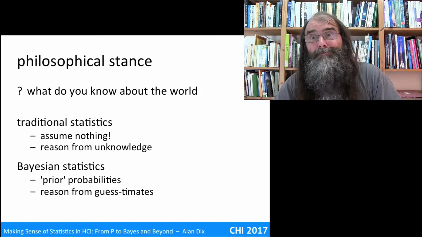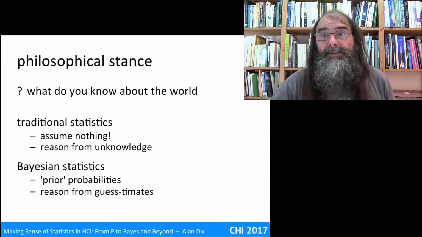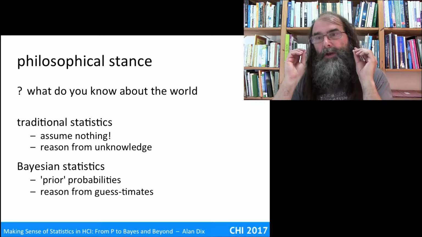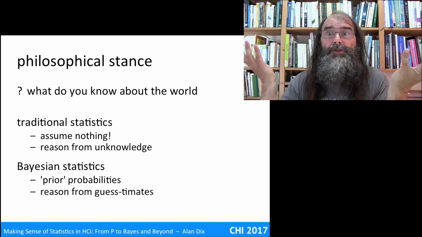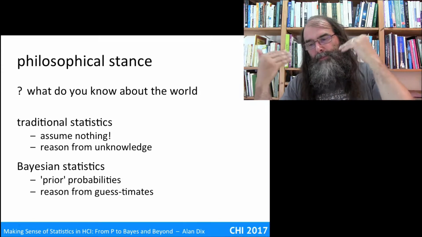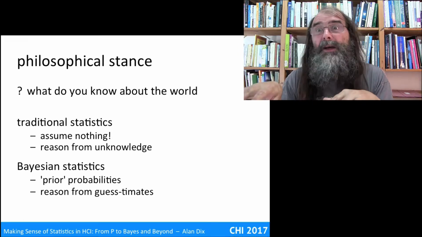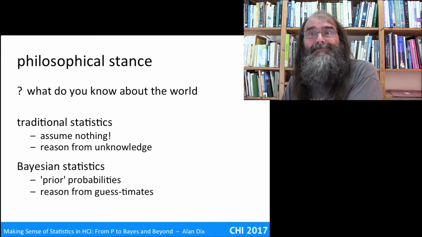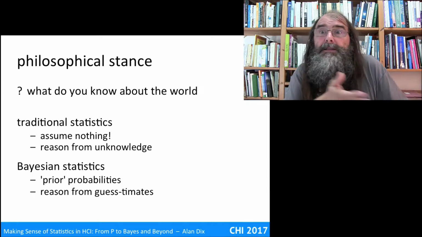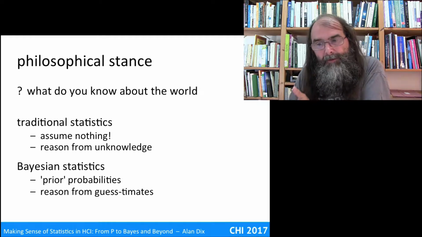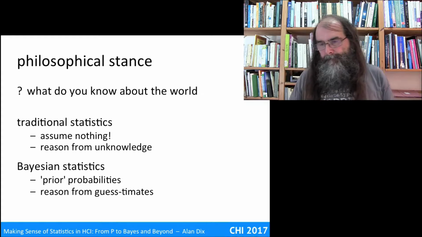Put that probability on, take some measurements, and then I'll tell you stuff. So traditional statistics reasons from this state of unknowing, whereas Bayesian statistics uses guesstimates and reasons from those. So different ways. In the end, there was a lack of knowledge, but they've approached it in a different way.